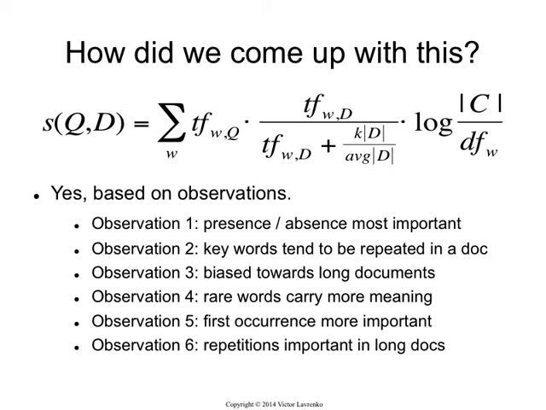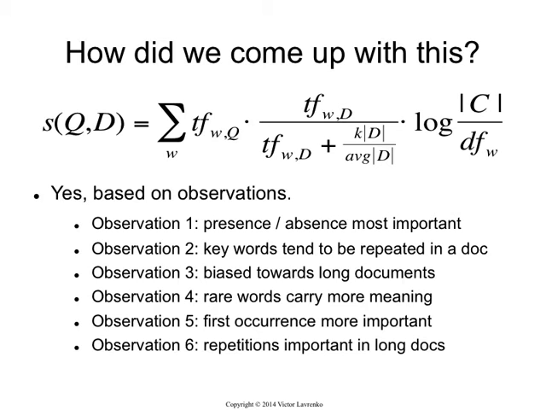We talked about these observations. The sum represents that the overlap between the query and the document is very important, and TF represents the fact that repetition of words tends to be important, and IDF represents the fact that rare words are more important than frequent words.